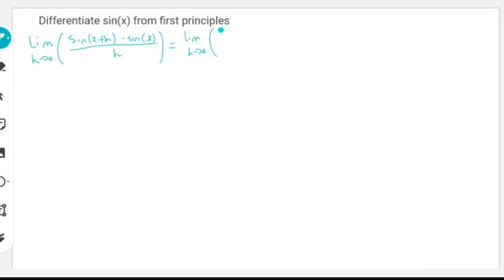Indeed, yeah, the expansion. So sine x cos h plus cos x sine h minus sine x. So the first part was the sine of x plus h, and then you still got the minus sine x at the end. And it's all divided by h.